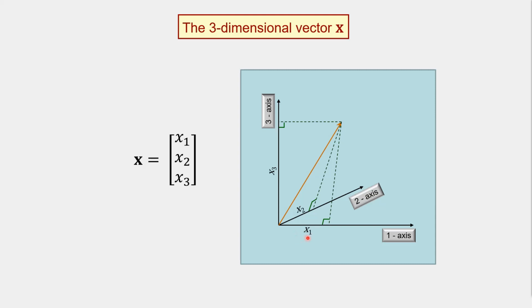Once we know x1, x2 and x3, we have the coordinates of the vector and can construct the entire vector.